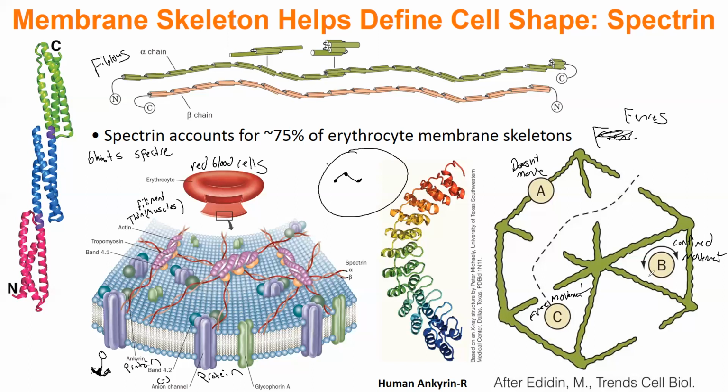So although here it's shown that it has confined movement, it is possible that these proteins can jump out of here into a new confined area. So we also often see that with proteins that are stuck in one area as well.